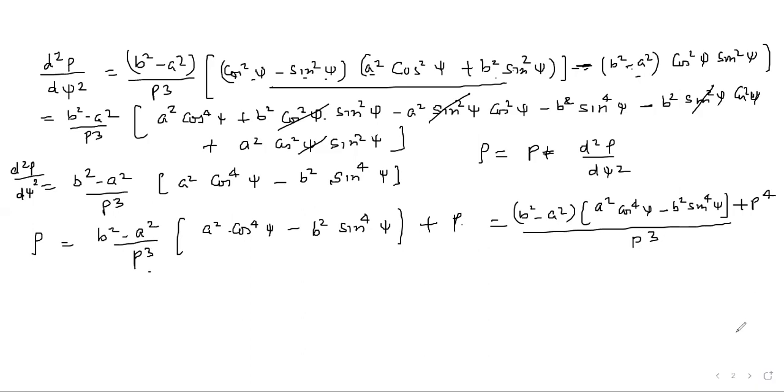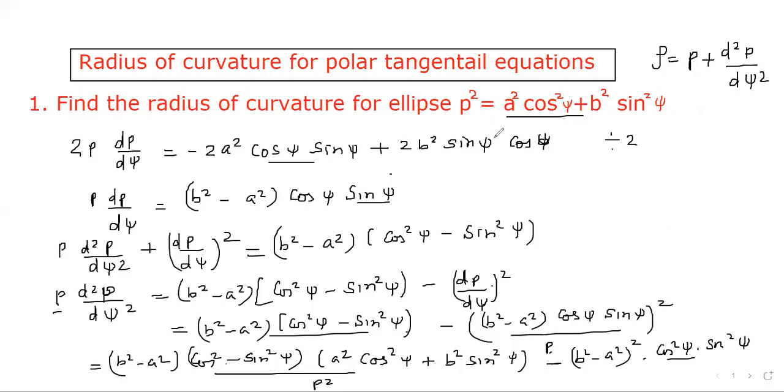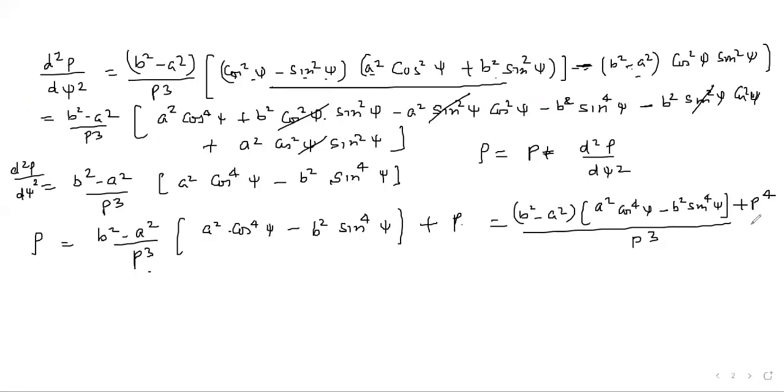And in our question, we are given p² = a² cos²ψ + b² sin²ψ. So the whole square of this can be put here.